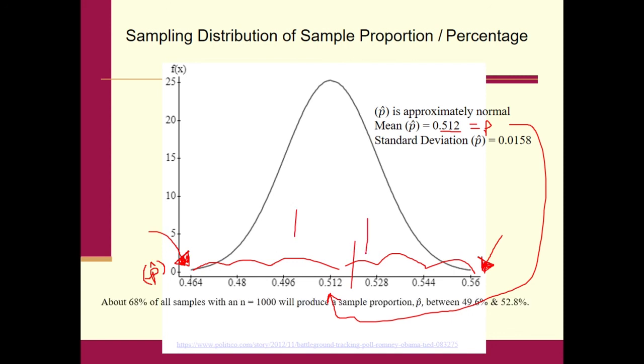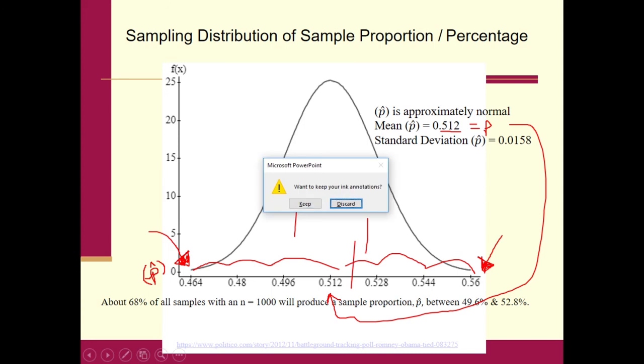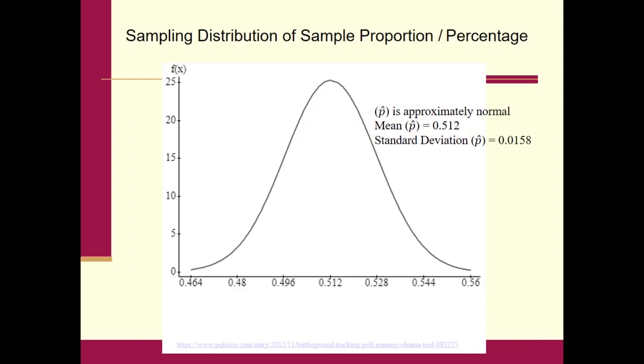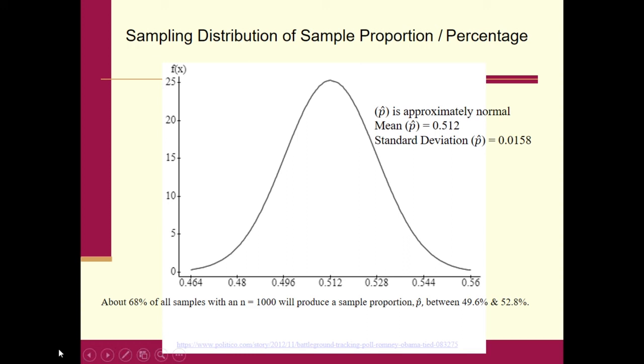So let me get rid of all my markings here and get back into the slide. It says here about 68% of all samples with an n of 1,000 will produce a sample proportion between here and here.